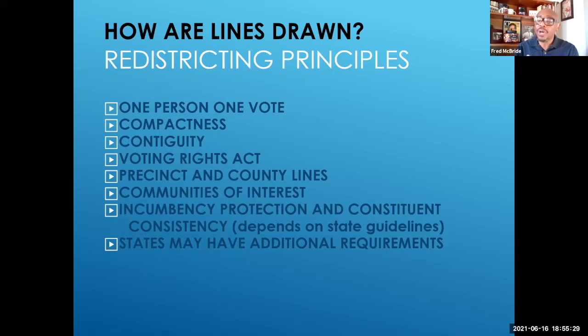One person, one vote means every district should have almost the same number of people. Congressional districts tend to have the exact same number of people, but only off by 1 or 2 people. When we get to all other levels of districts, whether it's state house, state senate, or your local redistricting plans, you can vary a little bit.